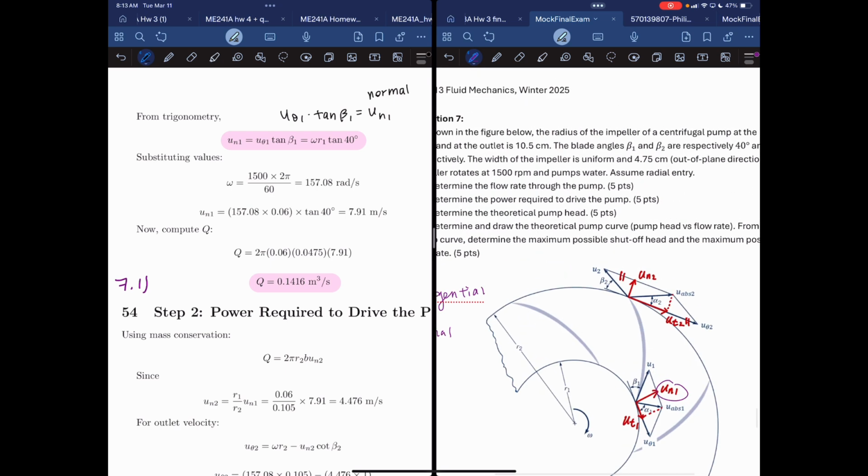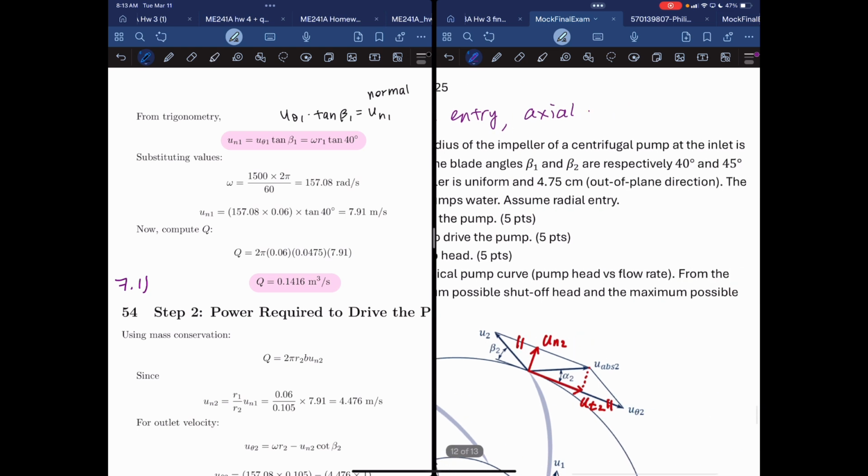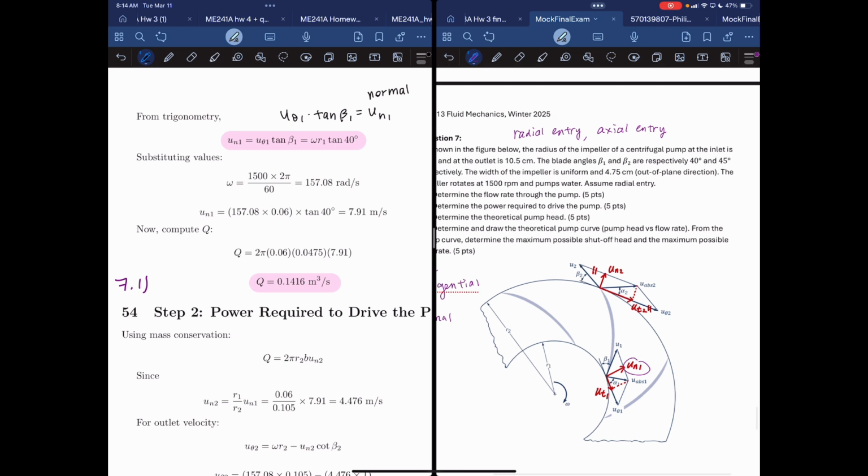Usually in the pump problems, it'll tell you it's radial entry or axial. Those are the two common entries. So it depends. Centrifugal, sometimes it won't tell you, depends on the problem, but normally it does, but sometimes it won't.